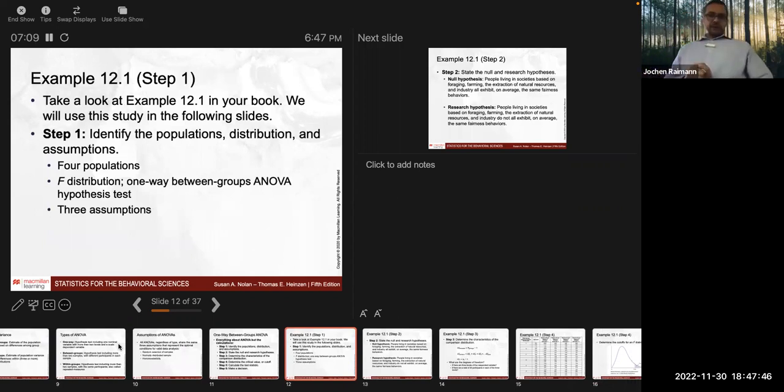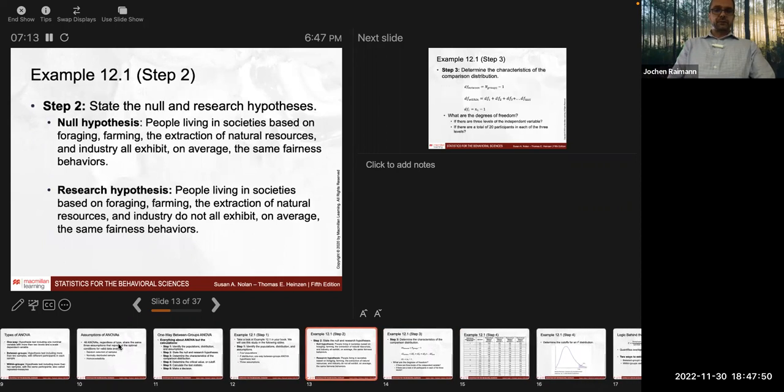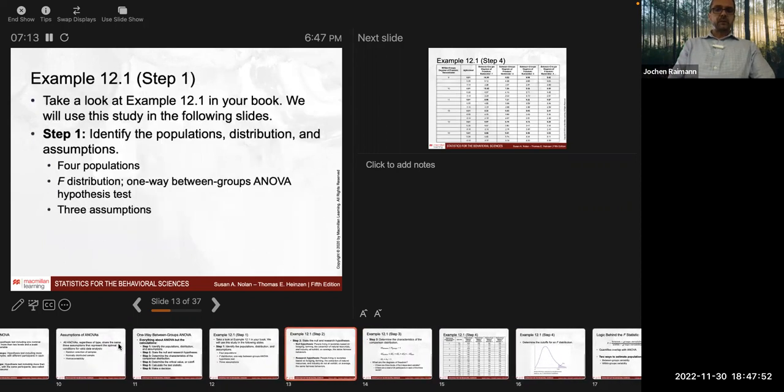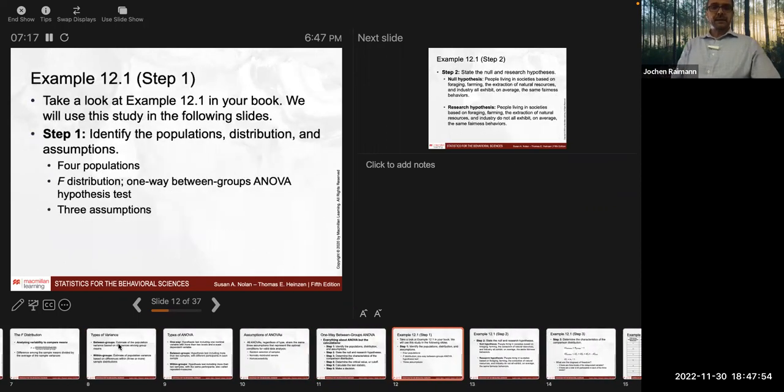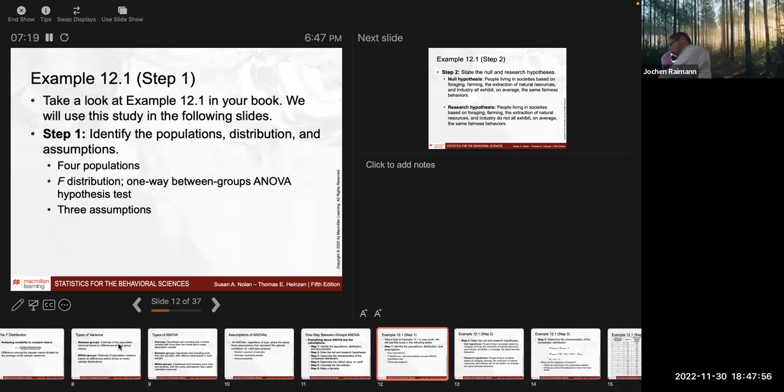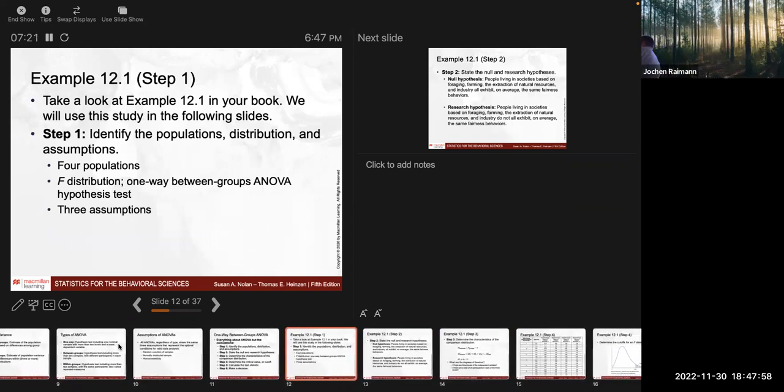So we have now a spreadsheet that I have given to you. This spreadsheet contains example 12.1. Essentially what it shows is the so-called dictator game.